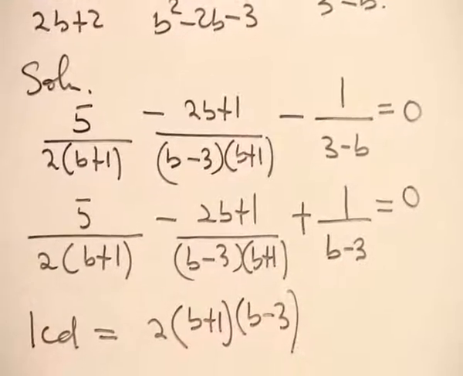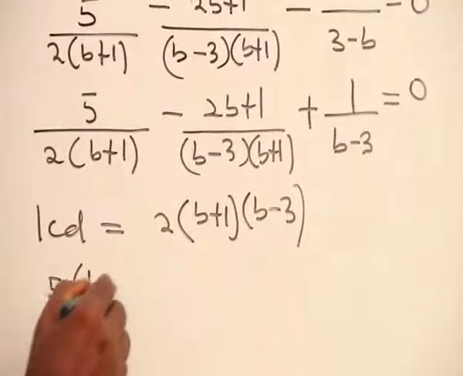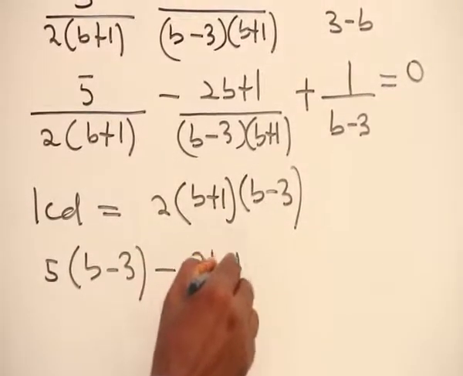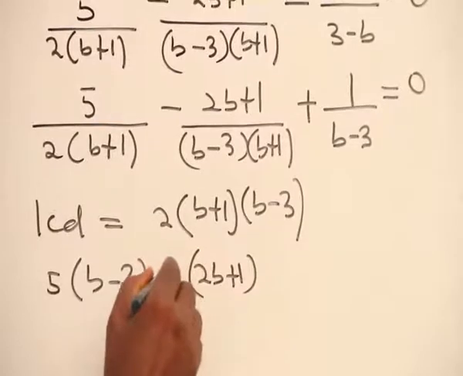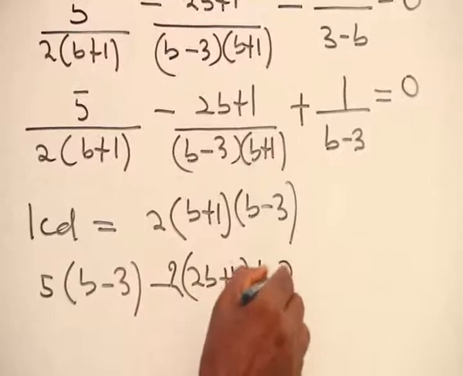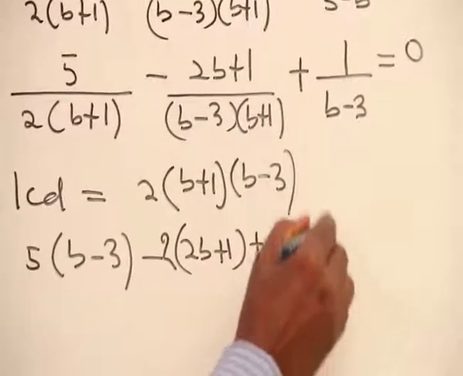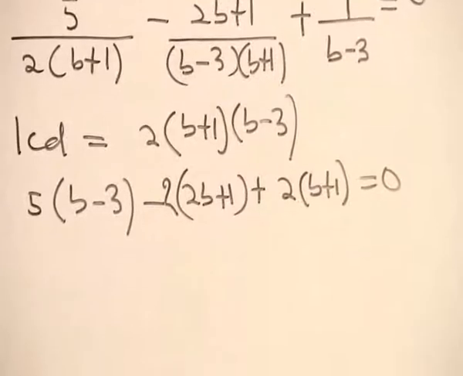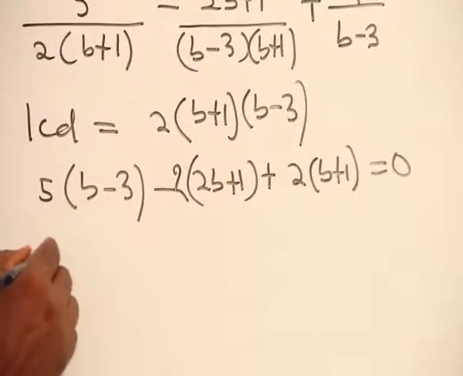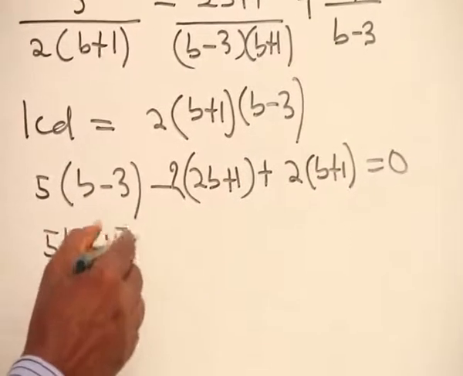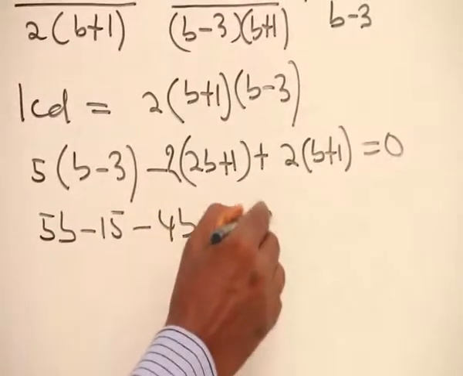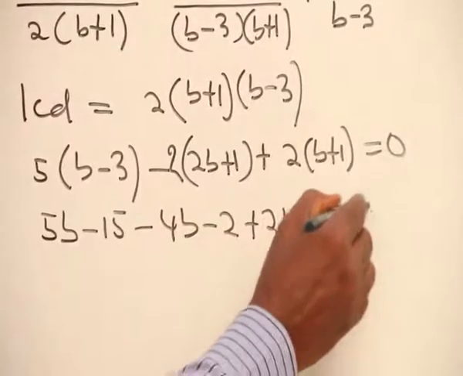This now gave us 5 into b minus 3 minus 2b plus 1 times 2, and then plus 2b plus 1 equal to 0. Now we simplify this, and it gave us 5b minus 15 minus 4b minus 2 plus 2b plus 2 equal to 0.